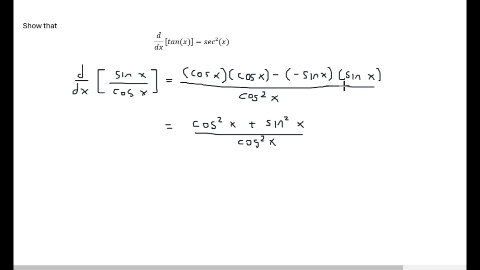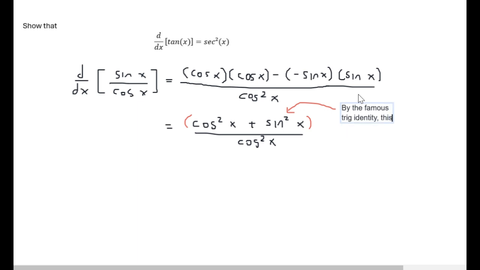And actually there's a trig identity, so this entire top expression is equal to 1, by the famous trig identity.